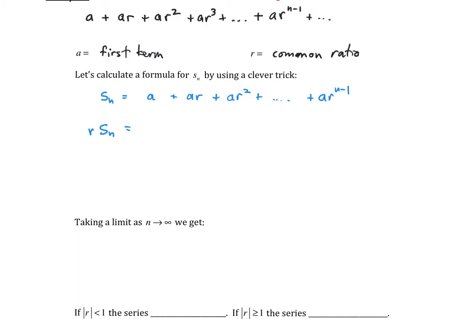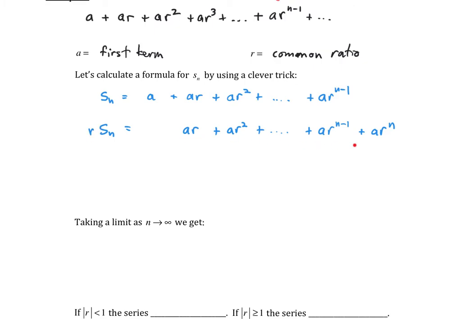So I'm going to put AR like this, and then AR squared like that. That's the second term, and so on and so forth. The second to last term would be AR to the n minus 1, but the actual last term is going to be AR to the n. Okay, and that's the result that you get when you take Sn and multiply by R.